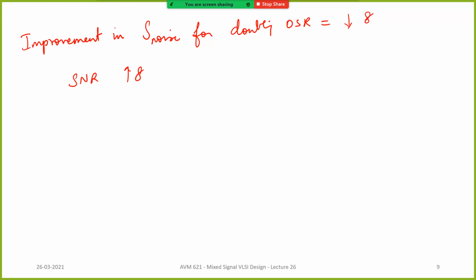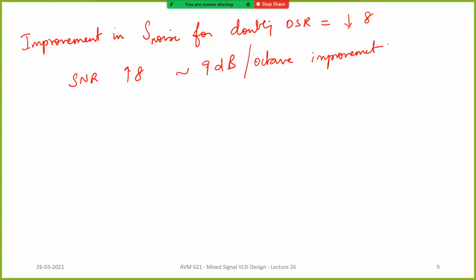What is the logarithmic value? 10 log of 8 is around 9 dB. So there is a 9 dB improvement, and I will write it as 9 dB per octave improvement.